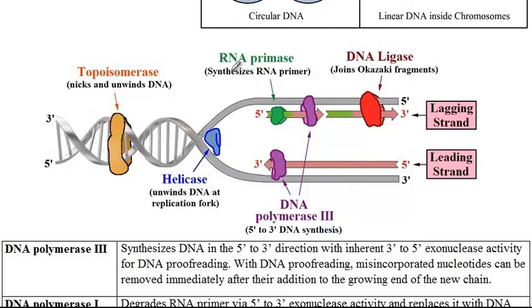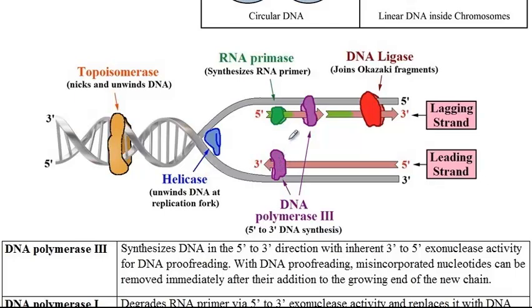So the first enzyme that we need is an RNA primase. Basically, RNA primase will synthesize a small RNA primer that acts as a template, and once this is formed, then DNA polymerase can bind and continue to form a new strand of DNA.